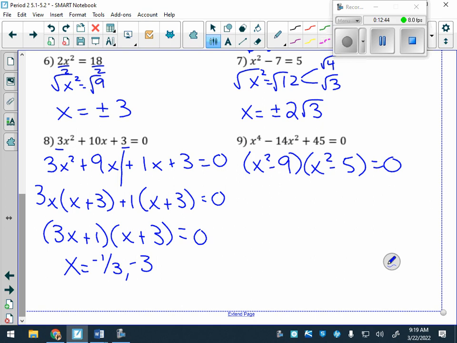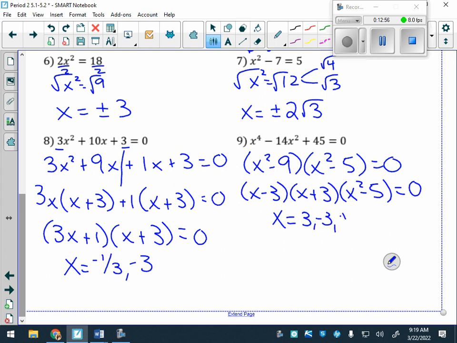But remember, you must include the plus or minus. But for difference of two squares, remember, x equals 3, negative 3, and plus or minus root 5. Which makes sense because we have how many solutions here? 4. What's our degree? 4. Okay, good, excellent.